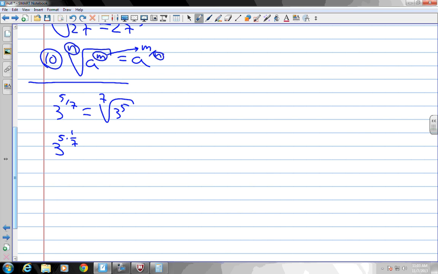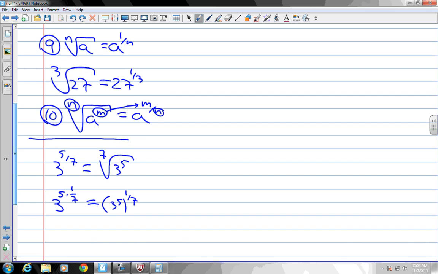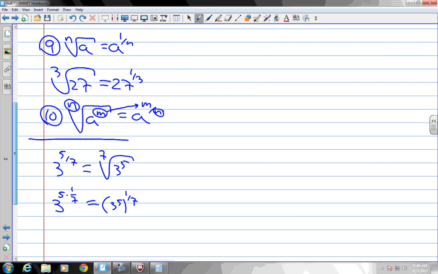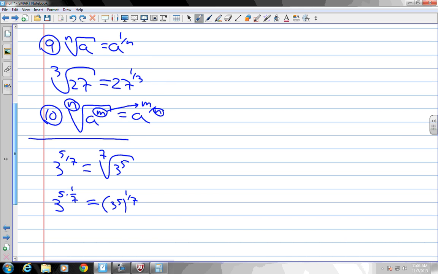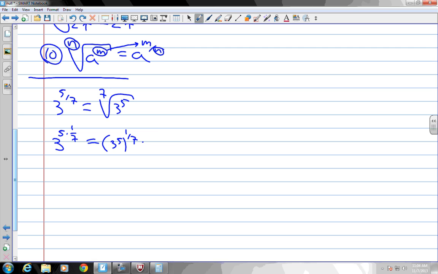You have a rule, the third rule on the list, that results in the products. So this is to say 3 to the power 5 raised to the power 1/7, right? In this case, you would multiply exponents. Well, now power 1/7, as discussed in rule number 9, means the 7th root. So 1/7 turns into the 7th root, and 3 to the power 5 stays there.